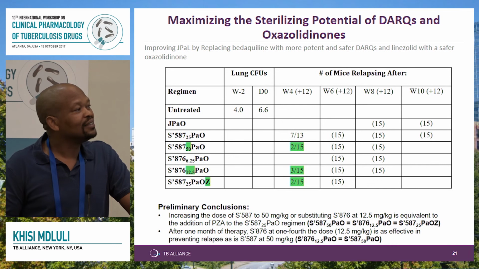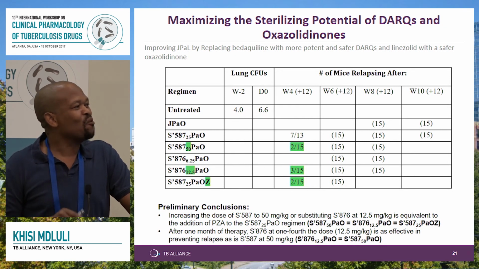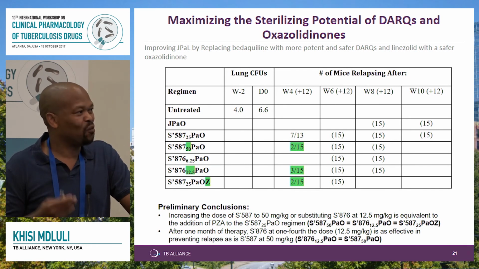Interestingly, and now I'm adding an even more complicated story because you haven't seen this, but most of you in the house already know this. Whenever you add pyrazinamide to any regimen, we always see an improvement in therapy all the time.